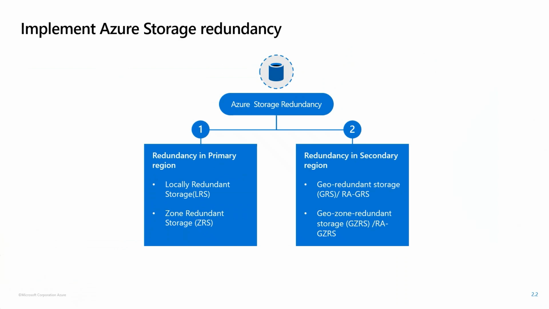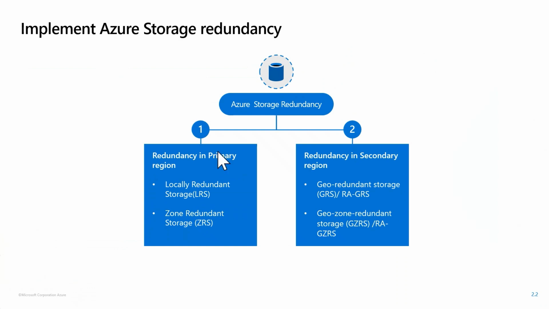Azure Storage Redundancy gives us the ability to manage these factors and choose redundancy options, which include how our data is replicated in the primary region and whether it is replicated to a secondary region that is in the same geography or a different geography, whether we want to guard against zonal failure or just data center failure.